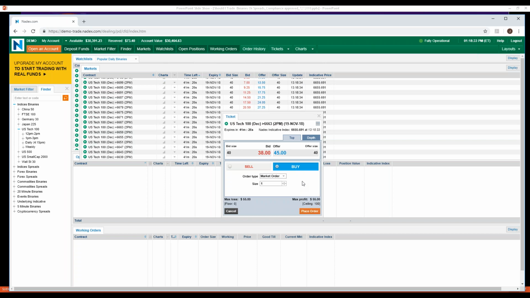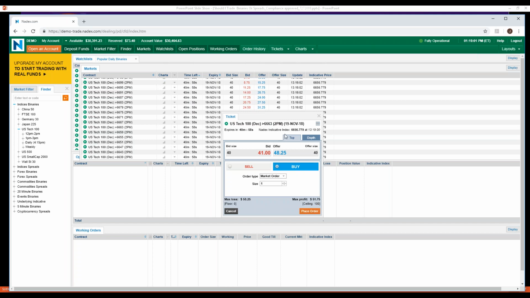So if I'm only expecting a small move, let's say, just as an example, again, this is not a trade recommendation. In fact, it looks like we're actually looking the opposite direction here, but let's see. Right now, the market's at 66.55, and this says 66.63.